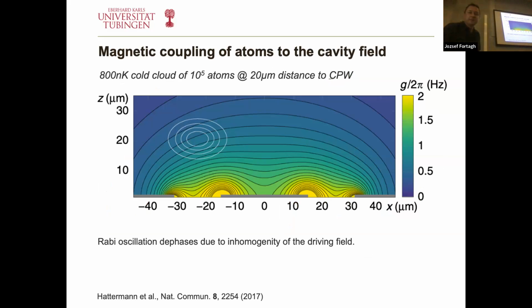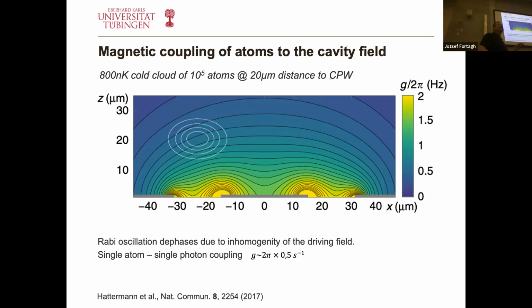What we didn't eliminate is the dephasing due to the inhomogeneity of the driving field. At the same time, if you look at this color bar, you find the tiny number for the single atom, single photon coupling, which is not a measured but a calculated value, less than a hertz where the atoms are.